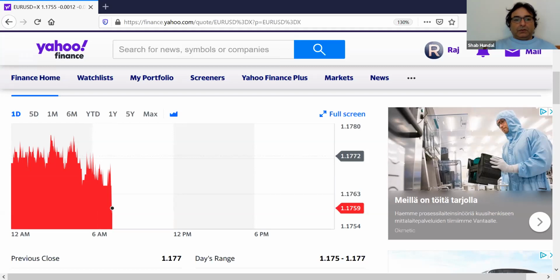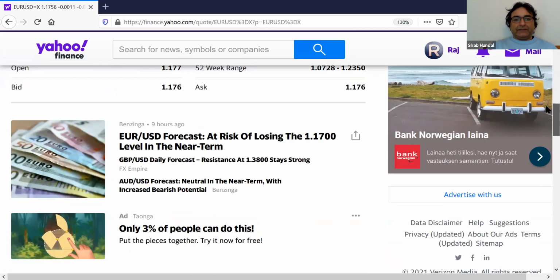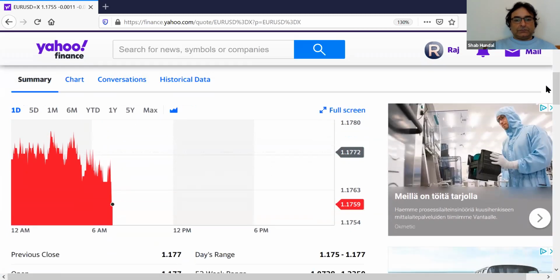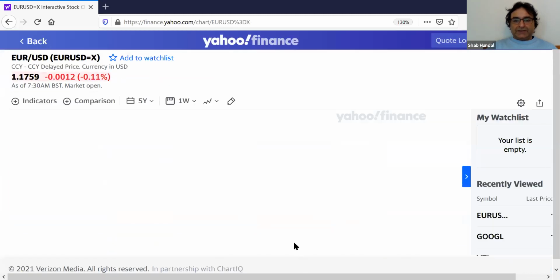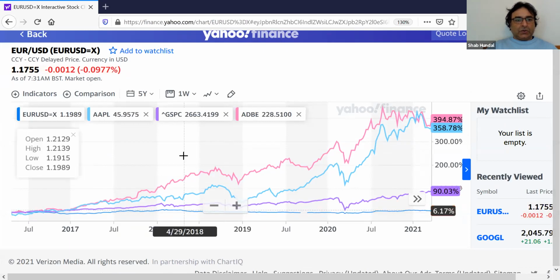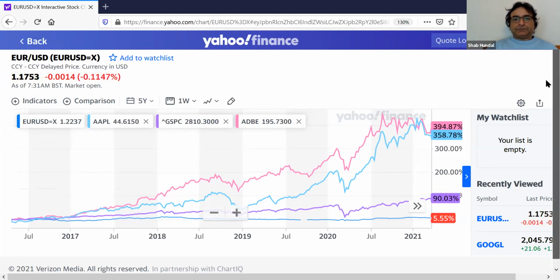But the good news is that we have some solutions. When I see this fluctuation, it really scares me. It has been fluctuating so much.